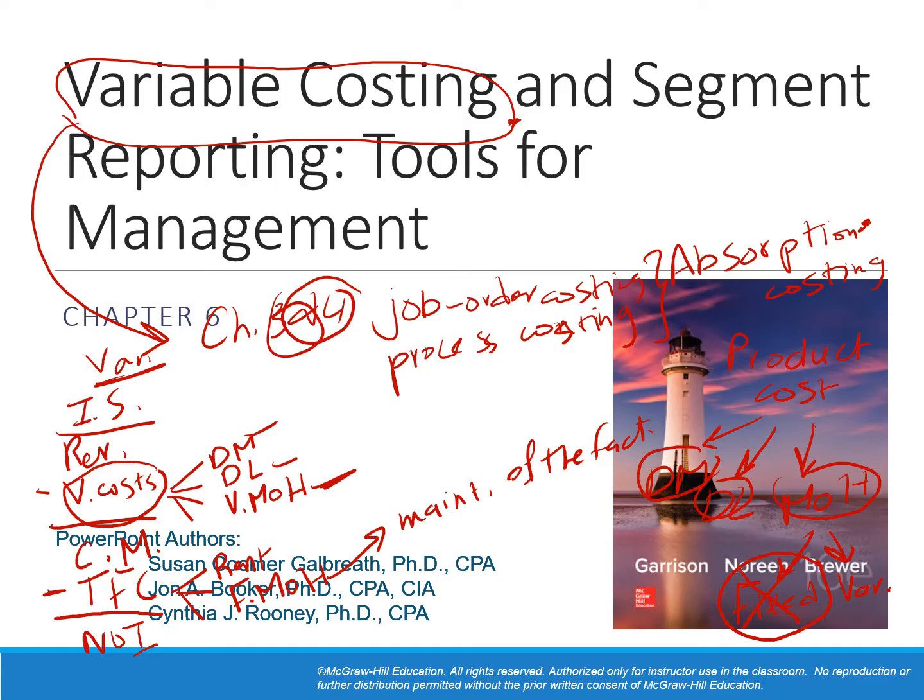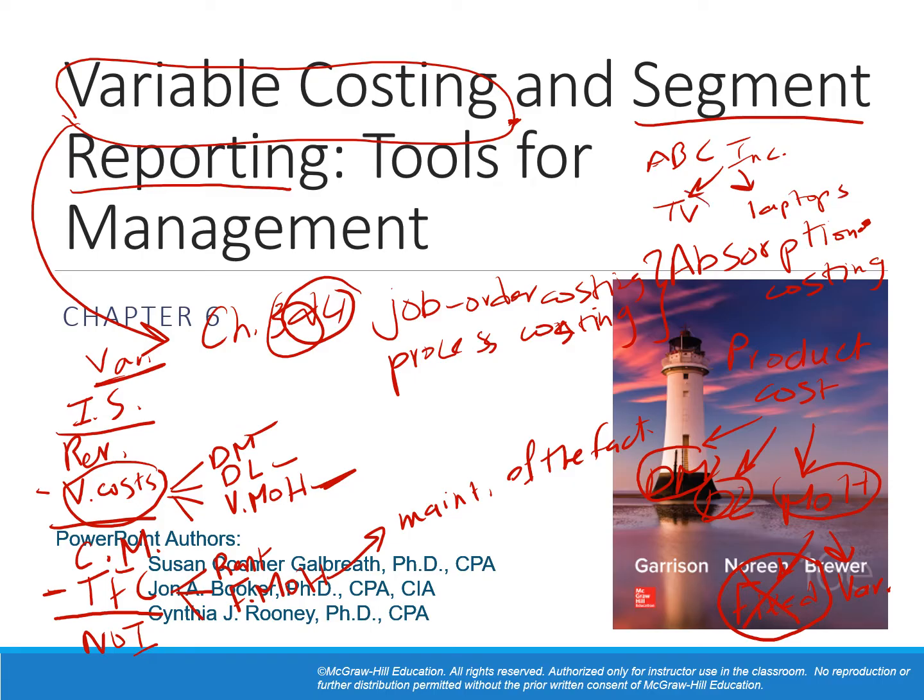This is the first part of the chapter. The other part has to do with segment reporting. This is simpler and easier. Basically, if you have a company, let me call it ABC company or incorporation, and they sell TVs and laptops.